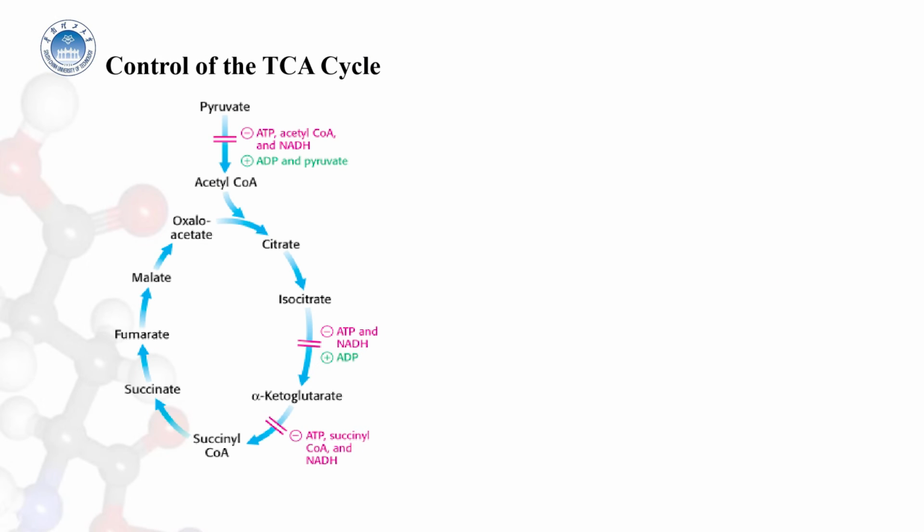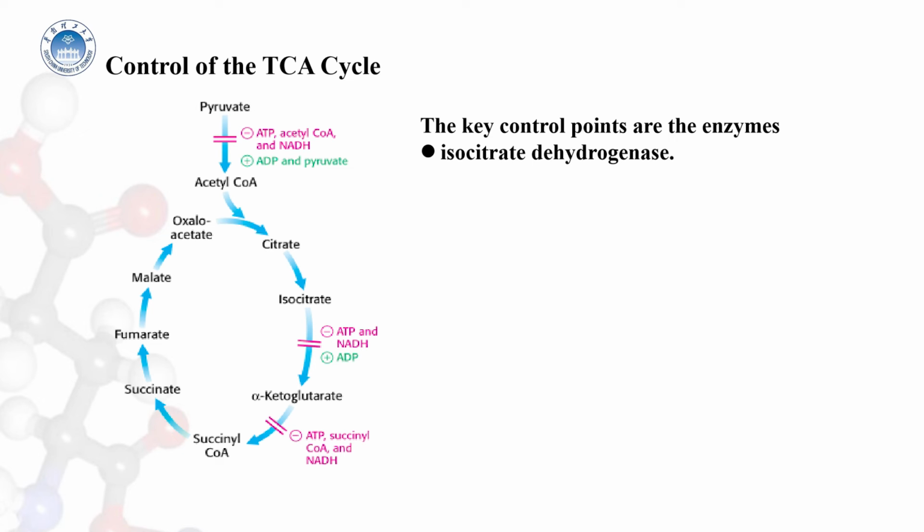The citric acid cycle itself is controlled at several points. It is regulated primarily by the concentration of ATP and NADH. The key control points are the enzymes. First is isocitrate dehydrogenase, which is stimulated by ADP and inhibited by ATP.